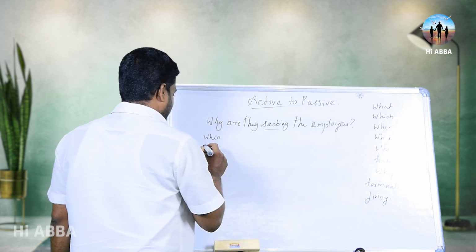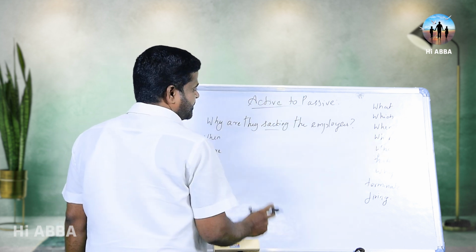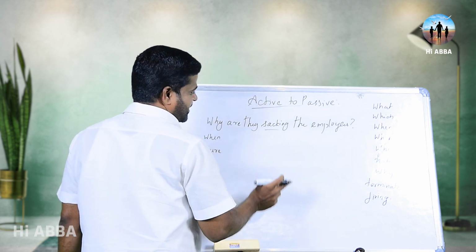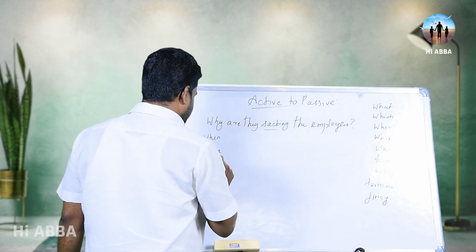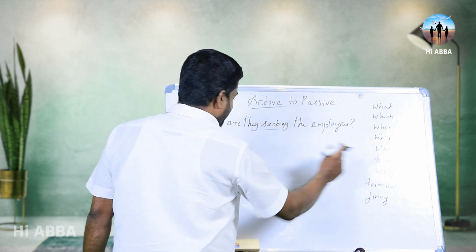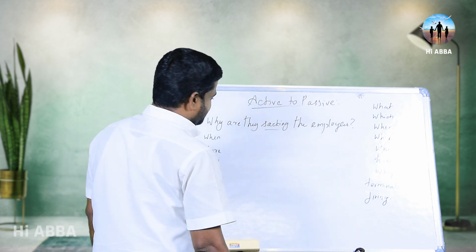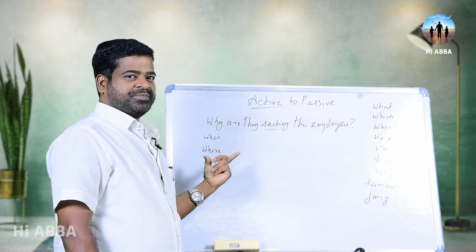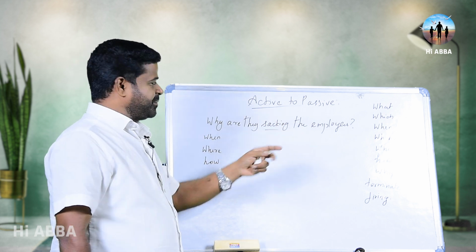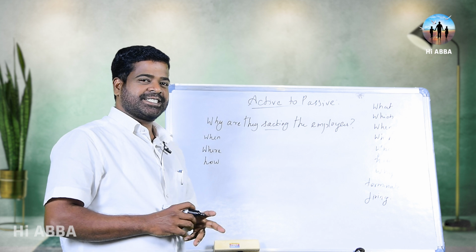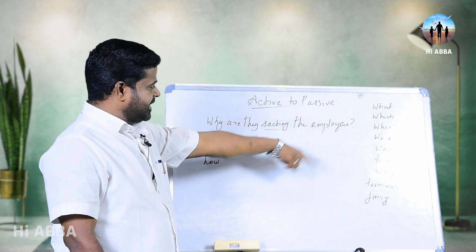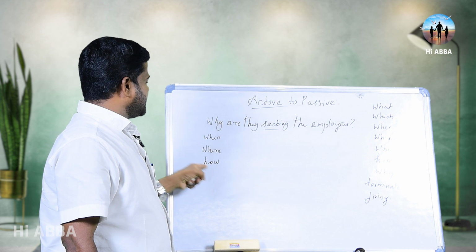That also can be applied. Who are they sacking the employees? That will not come. How are they sacking the employees? That can be applied. And why are they sacking the employees is already there. Any WH question word can be applied, but it depends upon the sense. Here what and a few others don't apply, but the others apply and give sense here.